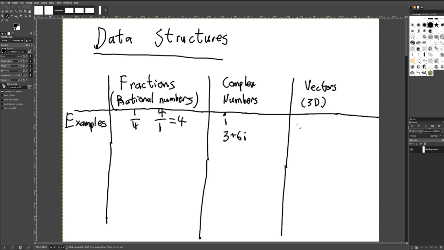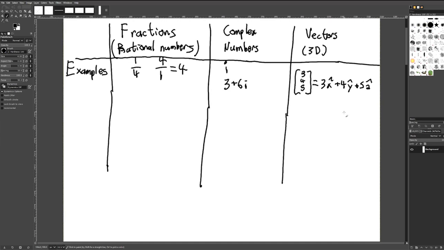So a 3D vector is just a set of 3 numbers, and one example is the vector of 3, 4, and 5, which you can also call 3 times x hat plus 4 times y hat plus 5 times z hat. There's lots of different ways of writing vectors.